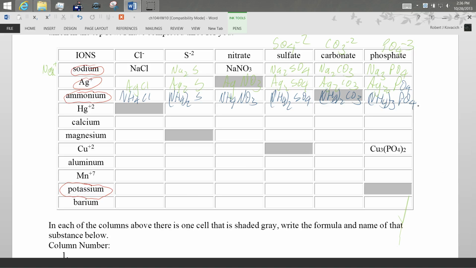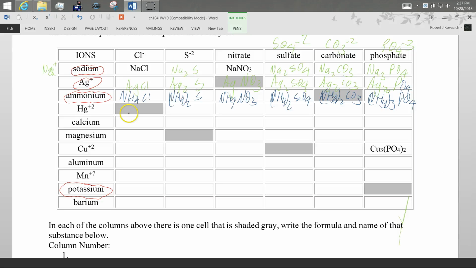So what's the name of the next ion in the next row? It's mercury. The name of just the ion is mercury(II). Every single time I'm going to name an Hg+2, it's mercury(II) because it could be mercury(I), so I'm going to have to designate what it is. So this is going to be mercury(II) chloride.